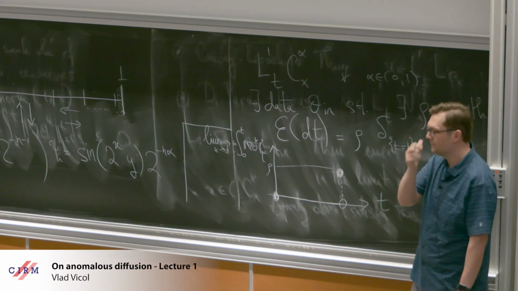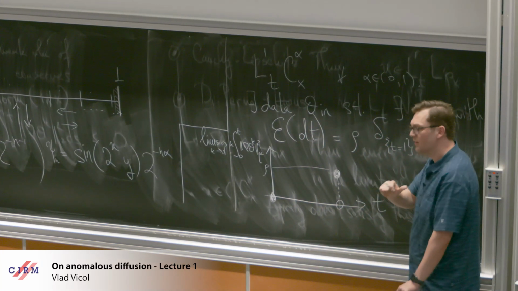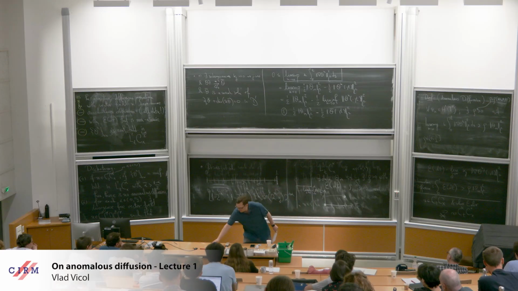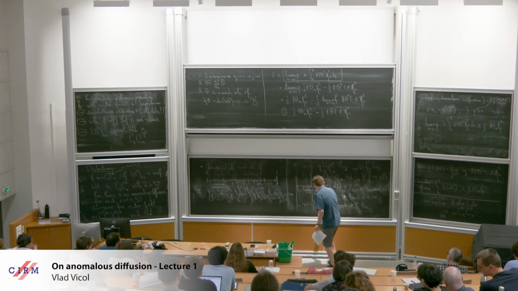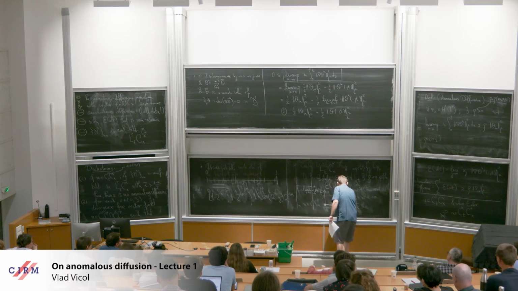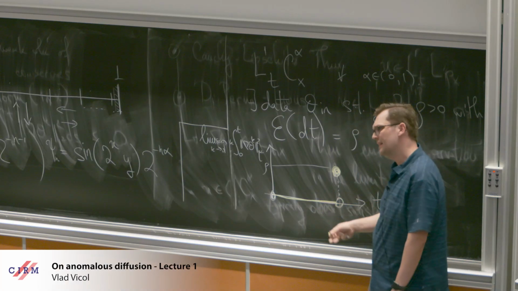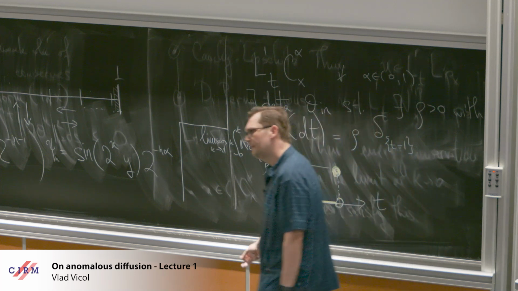So it's 0. There's no anomaly, right? And then here there's an anomaly. And it's not having to do with the data, but with the vector field.